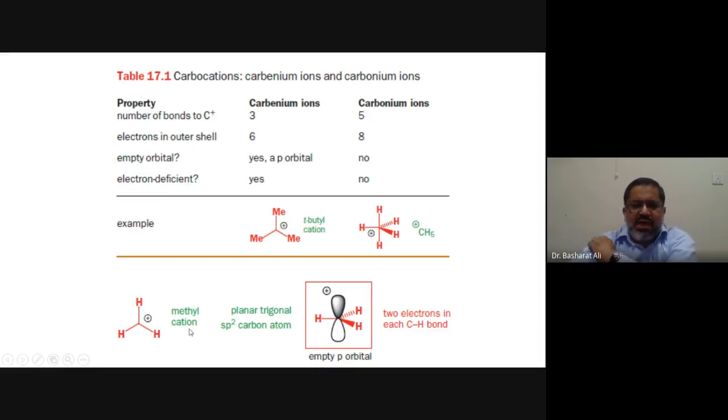Here is the methyl cation as another example. We can observe that it is a planar trigonal sp2 carbon atom. One p orbital is empty and two electrons in each carbon hydrogen bond are present.